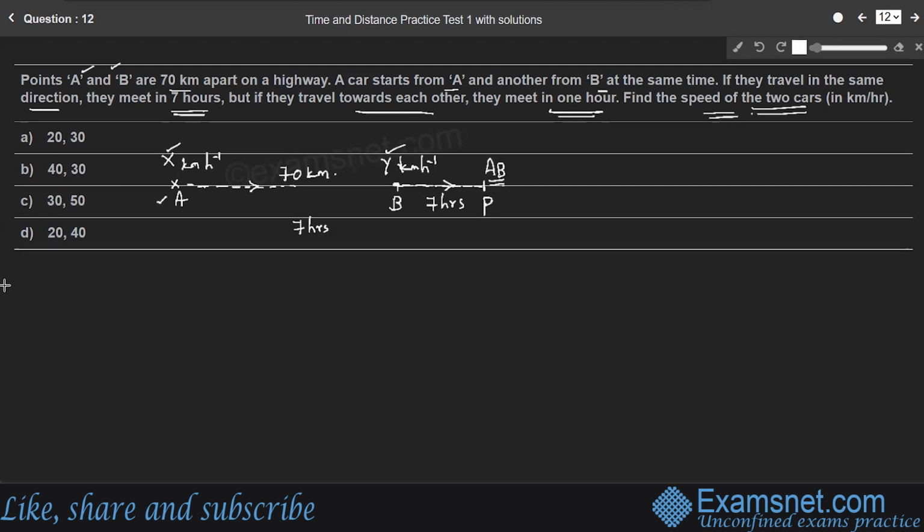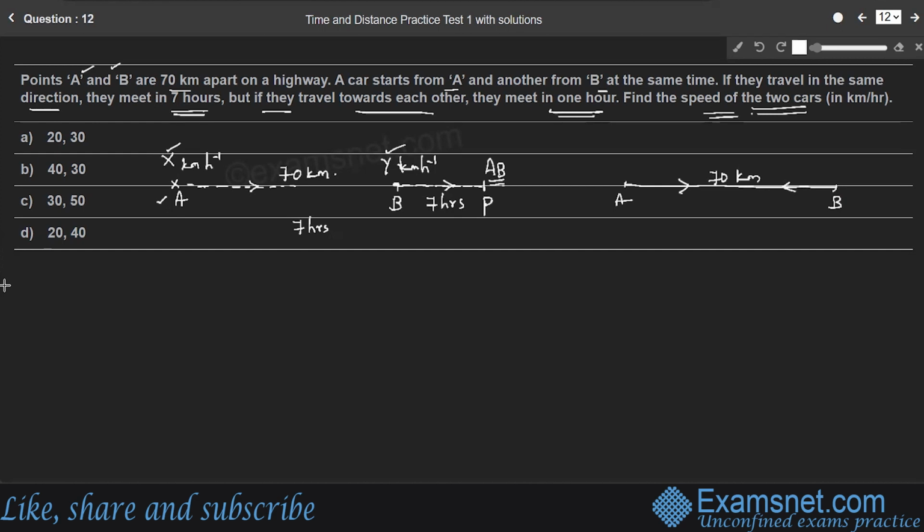We know that speed can be expressed in terms of distance and time. We use that concept. It is also given that if they travel towards each other, we'll consider the same two points A and B, which are 70 kilometers apart. If they travel towards each other, they meet in 1 hour.